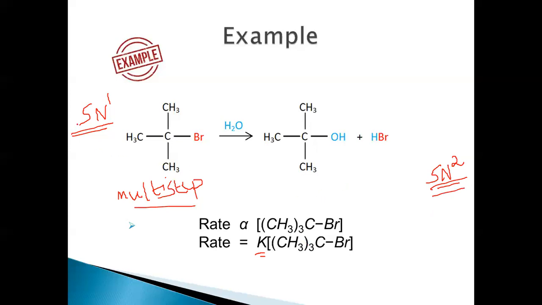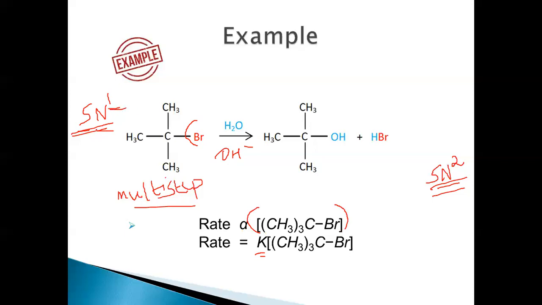And what does SN1 mean? It is substitution nucleophilic unimolecular. This OH minus is replacing the Br minus, so it is a substitution reaction. Since a nucleophile is replacing another nucleophile, it's nucleophilic, and the rate of the reaction is dependent only on the concentration of alkyl halide, so it is unimolecular.